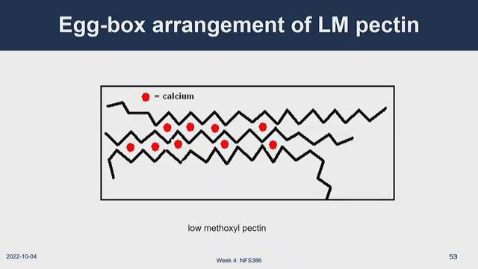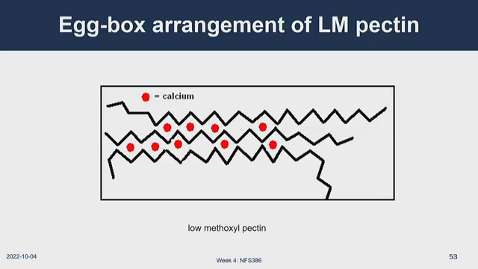Amylose is linear, and amylopectin is branched, with alpha 1,6 linkages. We know that when we have gelification, the amylose starts leaching from the structure. Same for the pectins. We have high methoxyl pectins or low methoxyl pectins.